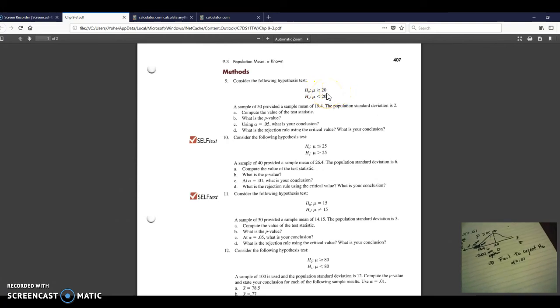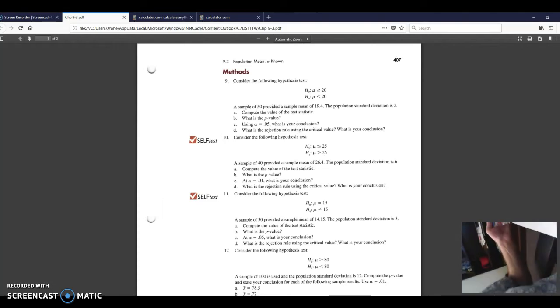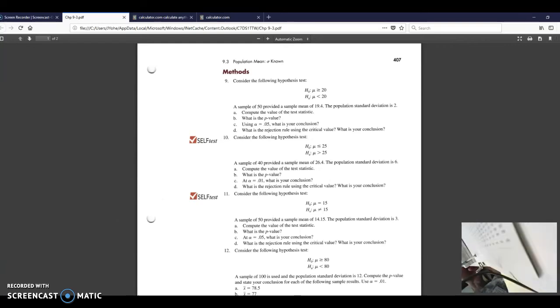Okay. And what is the rejection rule using the critical value? Okay, here we would, instead of calculating the p-value, have gone into the book, found a z-value closest to, without going over, 0.01.